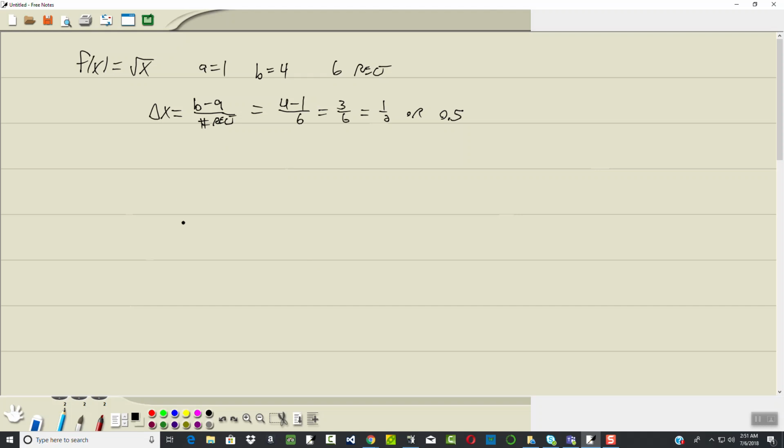So in our case, our first one was 1. And remember I said that if we don't like fractions, we could work with decimals, 0.5. So the next one would be 1.5, 2, 2.5, 3, 3.5, 4.